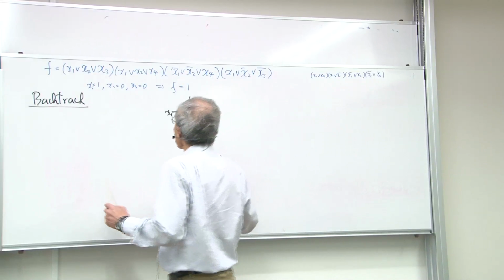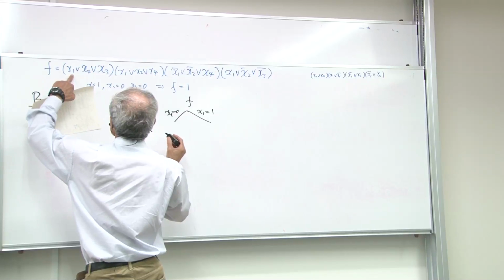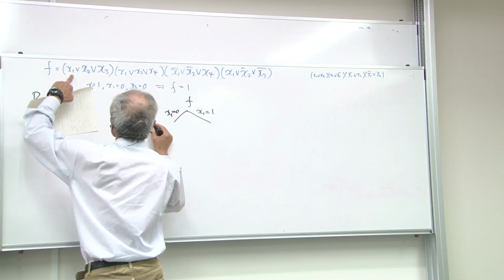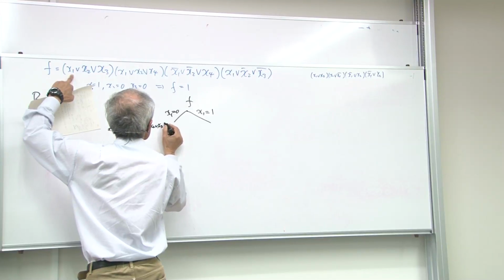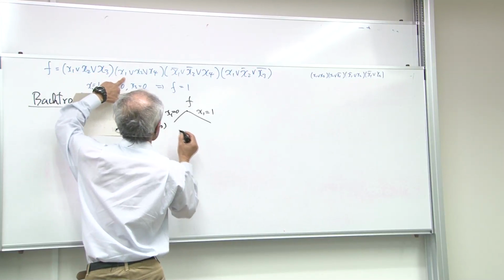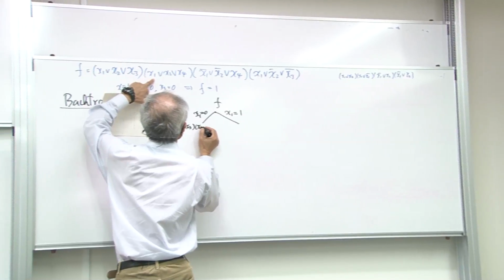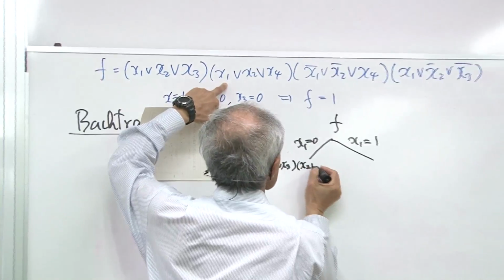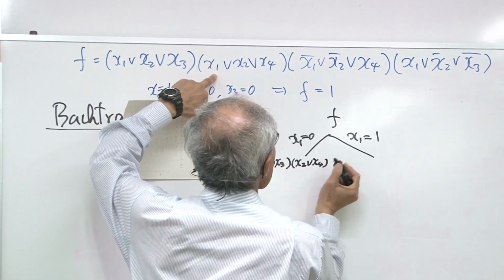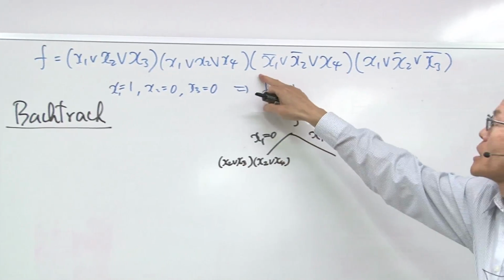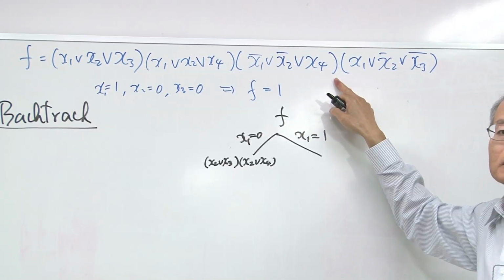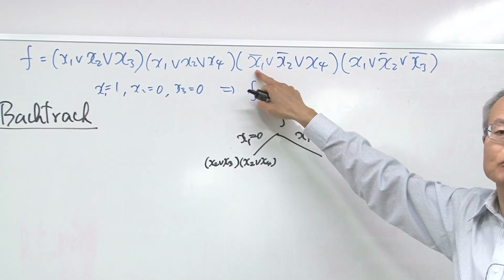Okay, so for example, x1 is equal to 0, then this one becomes 0. So F becomes something like x2, x3, and x2, x4. If x1 is equal to 0, then this clause disappears because it already becomes 1.